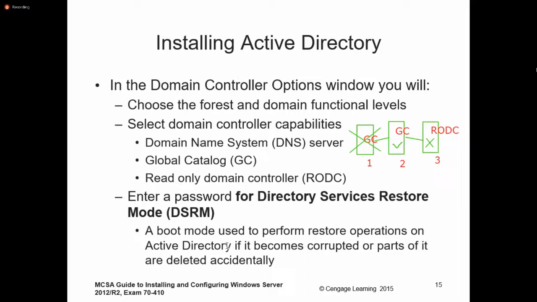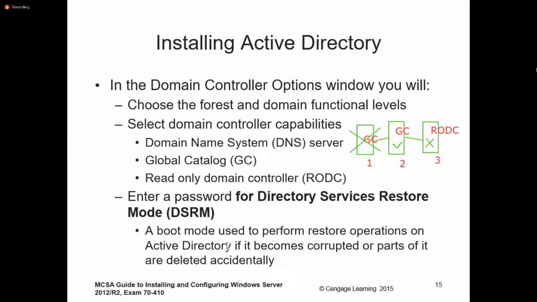Sometimes, even if you have more than one domain controller, and that means you have backup, right? Sometimes this corruption can get copied to the other domain controllers also, because any change in one of these will be copied to another.